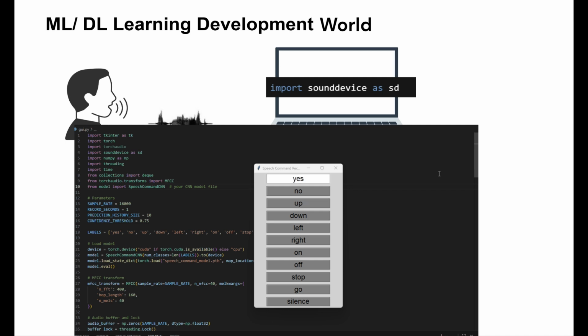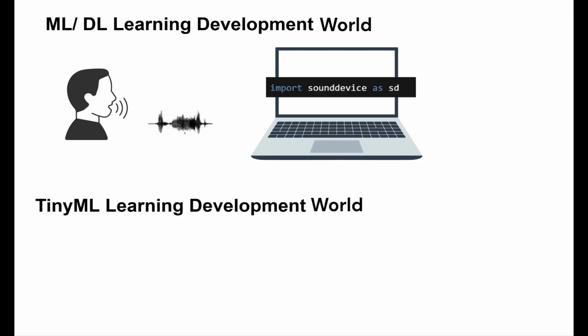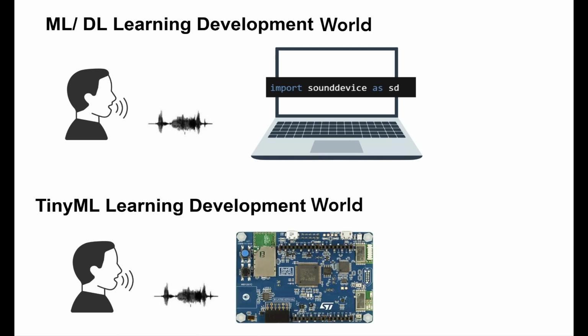Sounds very simple, right? Now compare that to running the same model on a microcontroller. On a microcontroller, you would first need to connect the MEMS microphone or any other type of microphone, configure the audio peripheral, capture the raw audio, save it in the RAM, and then process the raw data before you can even feed it into the machine learning model.